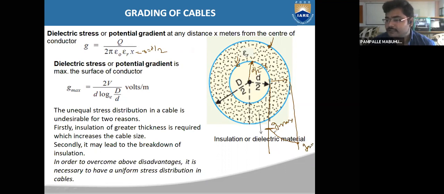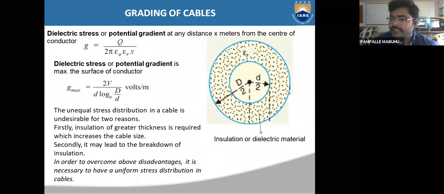So for the operation of the cable, you have to select the insulation in such a way that the insulation should withstand this maximum dielectric stress. Every cable will have insulation over the conductor, and the strength of this insulation should be greater than the G max value.